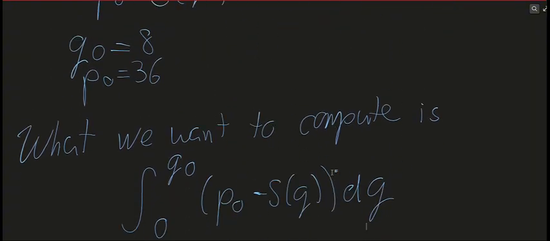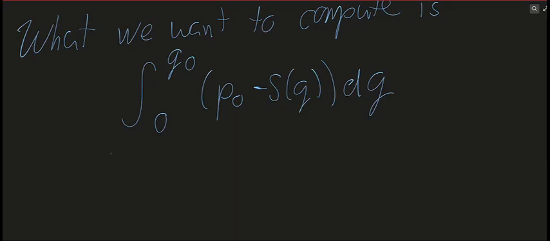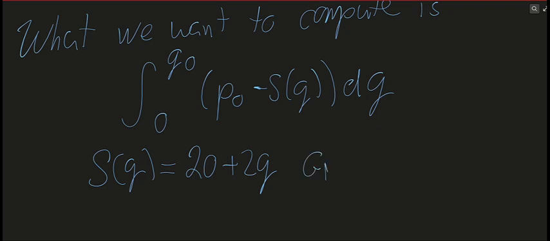Let's start plugging stuff into the integral. The Q sub 0 is 8. The P sub 0 is 36. And the S of Q, just to remind you, is going to be equal to 20 plus 2Q. That's given in the problem. Let's plug into the integral and set it up.